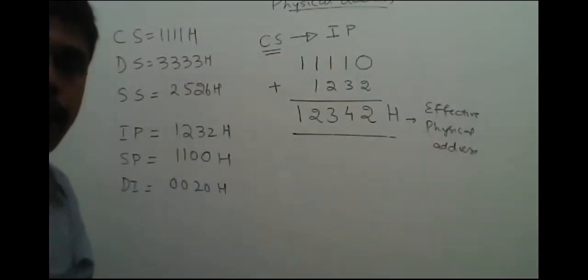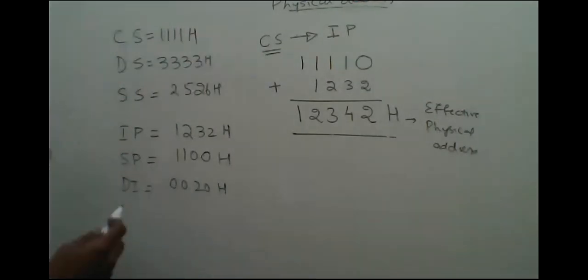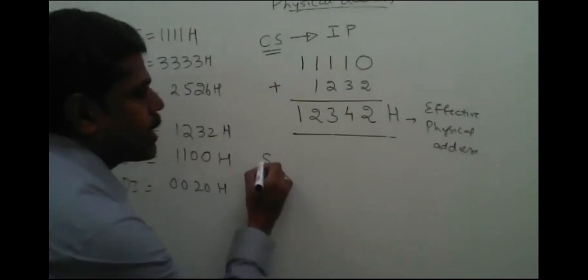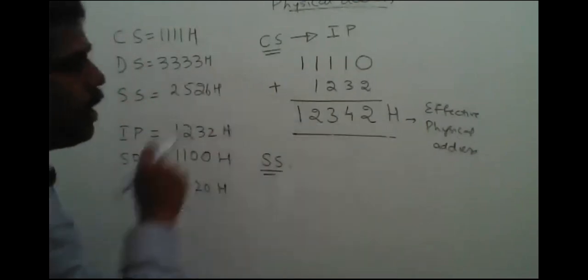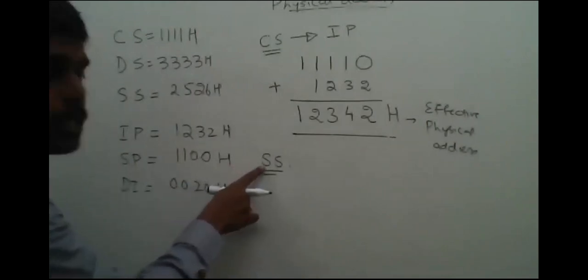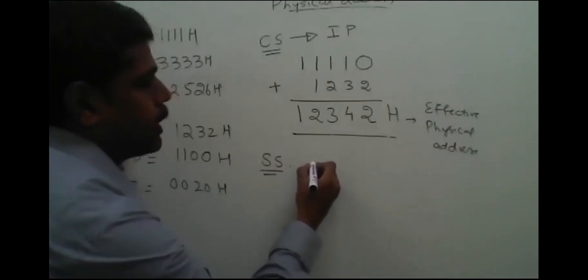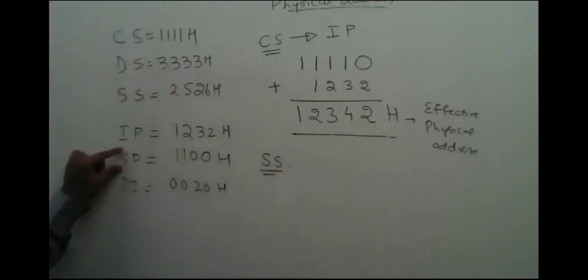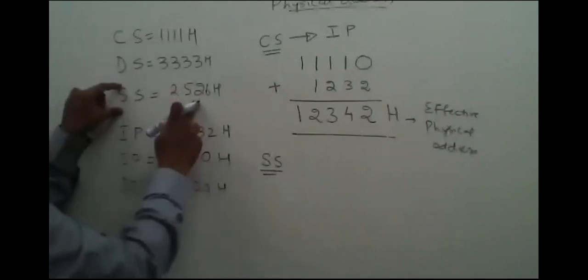Okay. Now we will calculate the other effective address corresponding to the stack segment. What is the offset register corresponding to the stack segment? We have the stack pointer. The stack pointer is the offset register for the stack segment. Now, what is there in the stack segment? 2526.